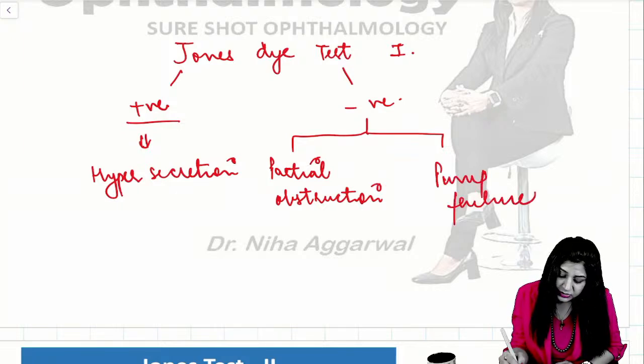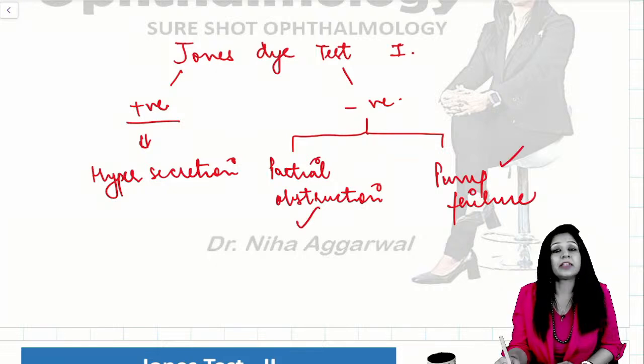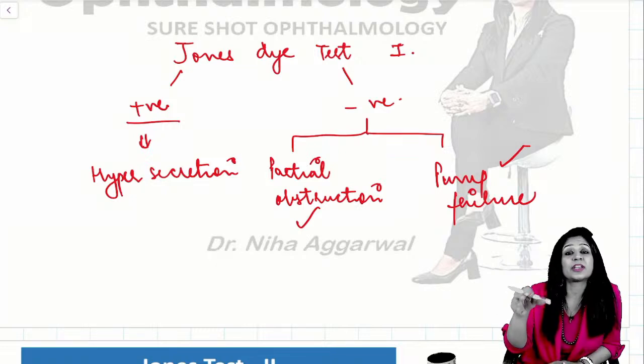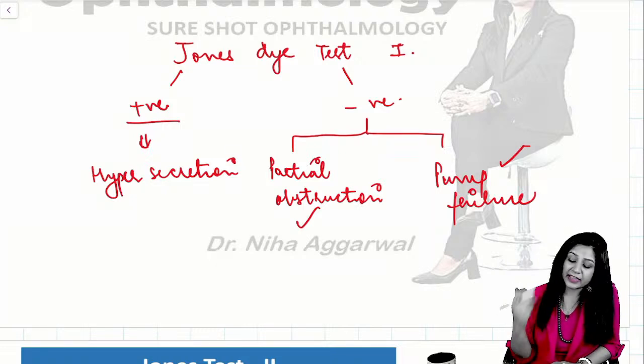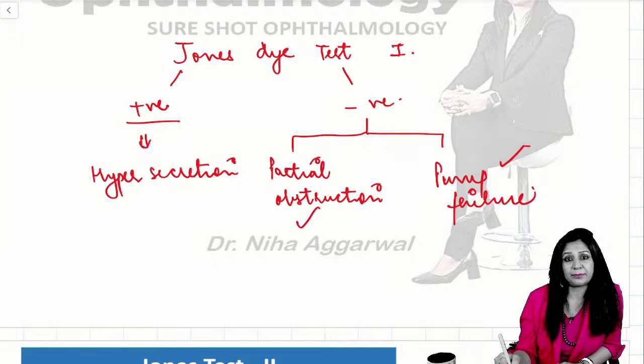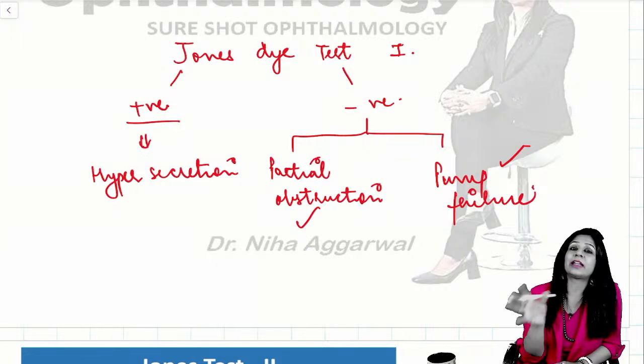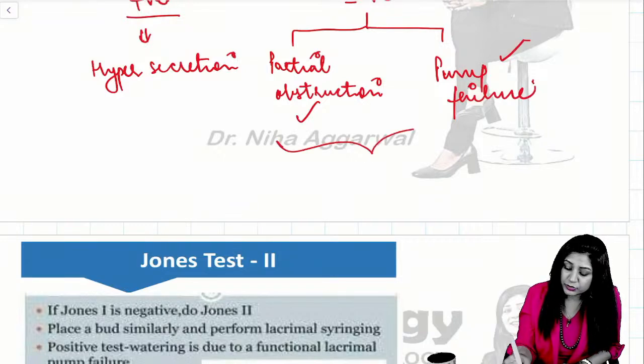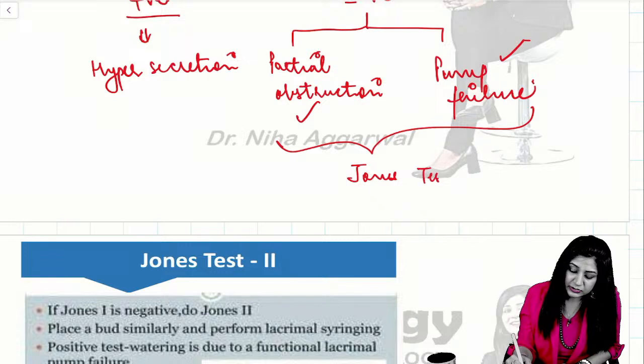So in the Jones dye test, actually we are differentiating whether it's a partial obstruction. When you are doing forceful syringing and it is still negative, that means it is actually pump failure. But if you are doing the forceful syringing and then it is getting stained, that means it was partial obstruction. So these two can be differentiated by Jones dye test 2.